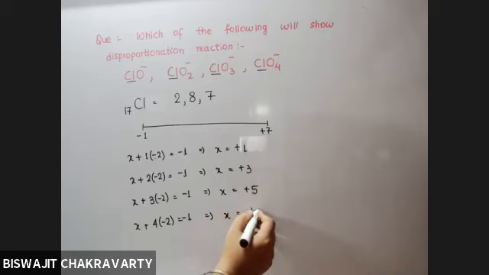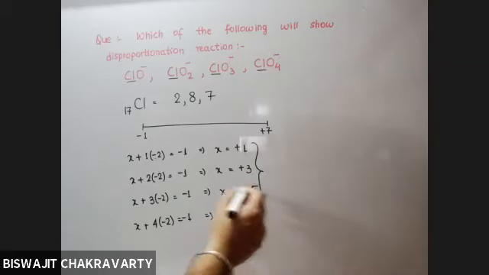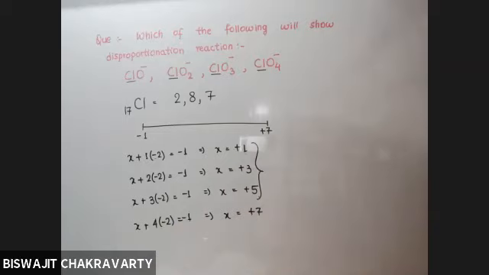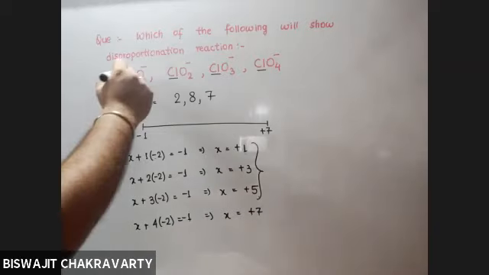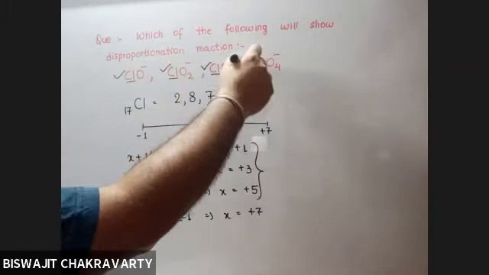So all these 3 can show disproportionation. This can show, this can show, this cannot show.